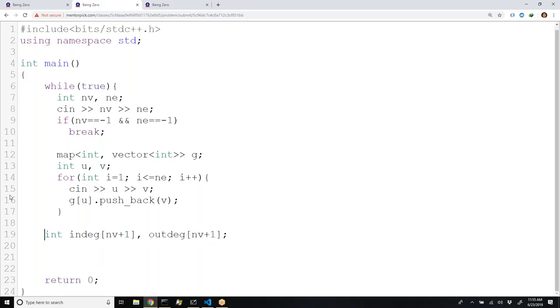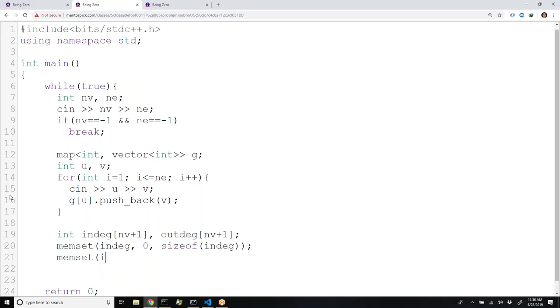Initially, we should have their in degree and out degree initialized to what value? In degree 0, size of in degree. Initially, we are making all zeros. In Java, we don't need this because by default, arrays are initialized with 0.